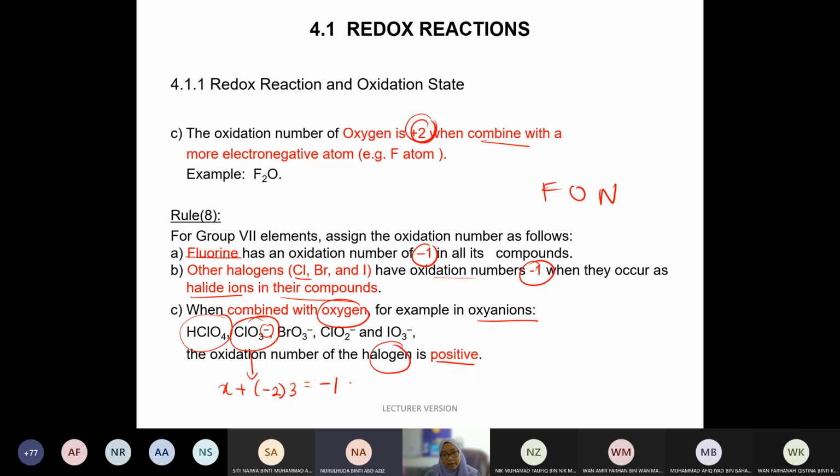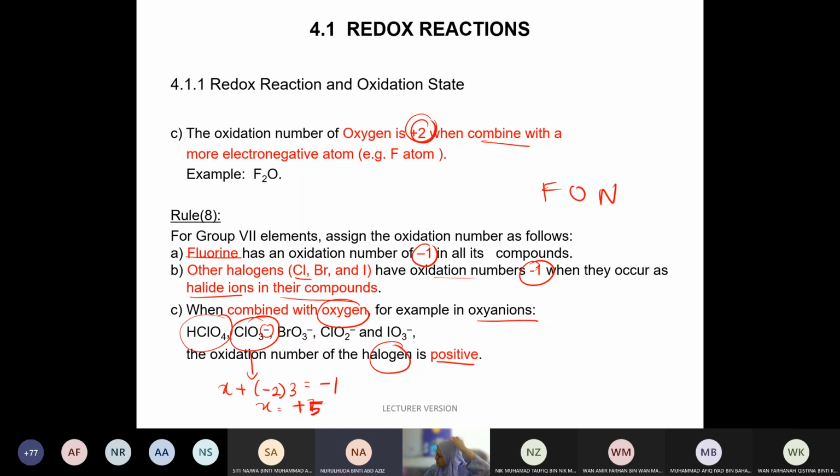Okay. All right. X. The oxidation number of halogen bukan positive 1, dia adalah X is equal to this is negative 6 kan. The negative 6 transfer to the other side dia jadi positive 7. Betul tak? Betul kan? This is negative 6 transfer to the other side dia jadi 5, madam.